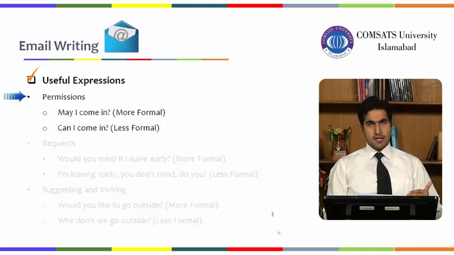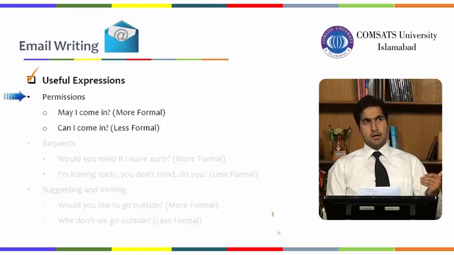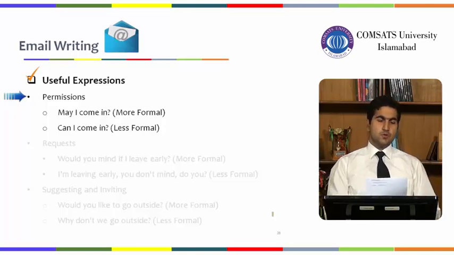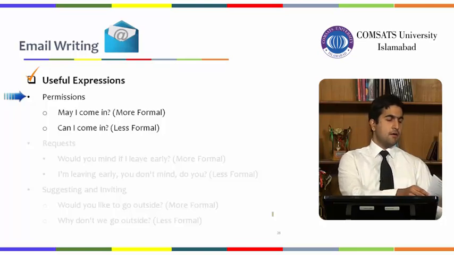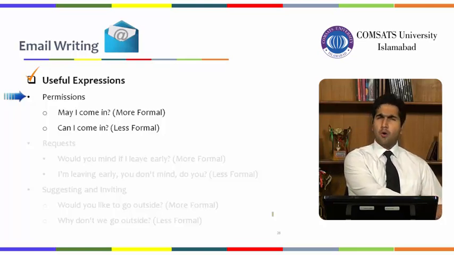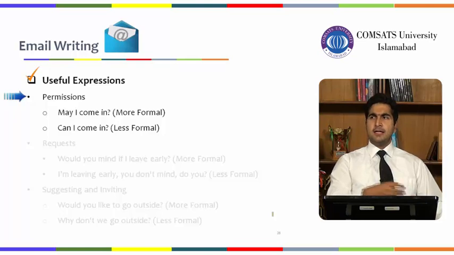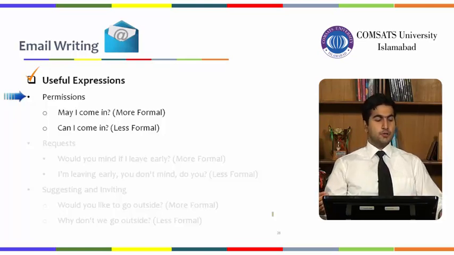The teacher guides the student that may is used basically for permission, for a possibility whether this thing is possible, whereas can is used to check the ability. Can becomes more related with ability, whereas may is used for permission, and these are the meanings which are also accepted and appreciated when these expressions are used.